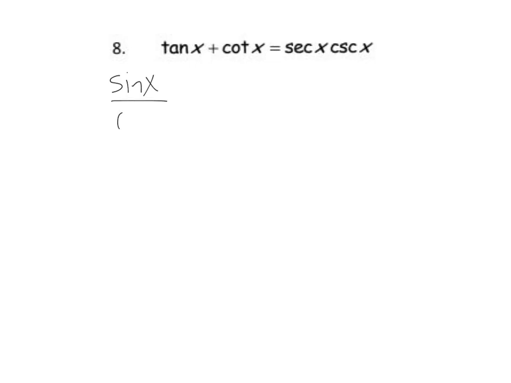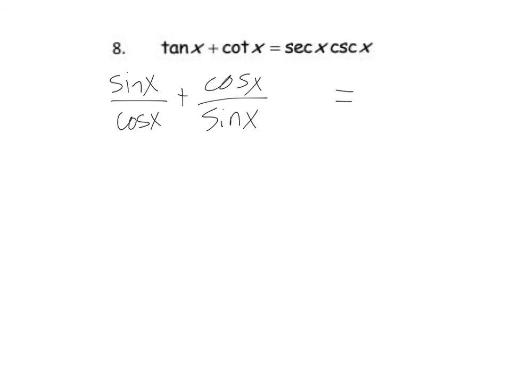8, this one I did in class, but I am going to do it again here. If I look on the left-hand side, I have 2 terms. On the right-hand side, I have 2 terms within 1, so we can think of it as 1 term. So this one I'm going to work on the left-hand side by getting this into sines and cosines, so we have 2 fractions, and when we have 2 fractions, we can get like denominators, and hopefully we have nice things happening from that.